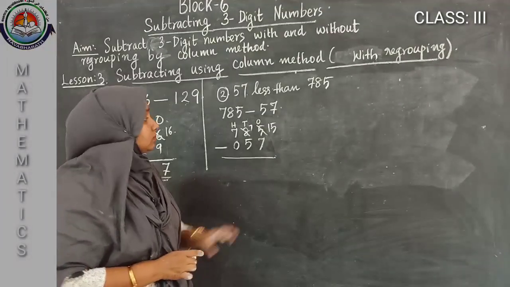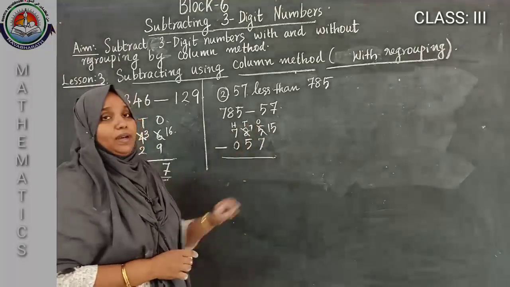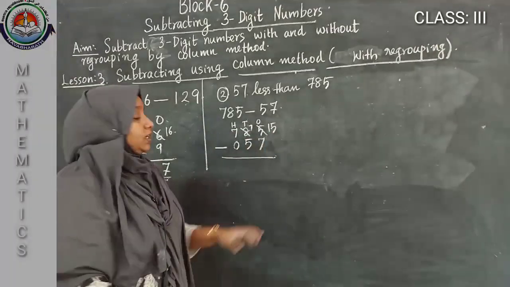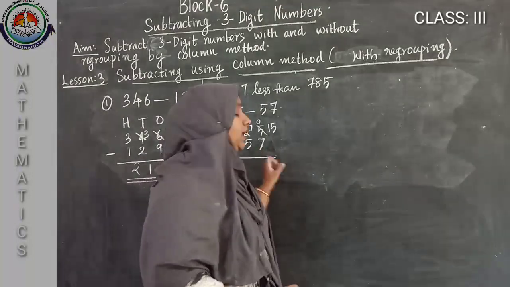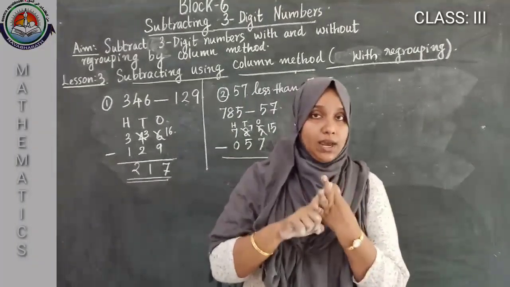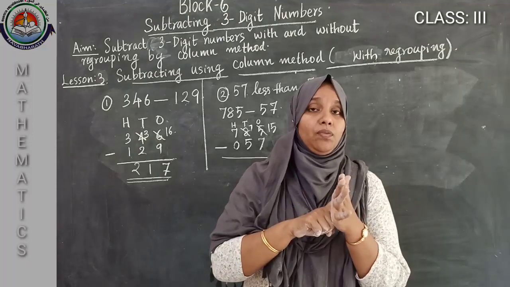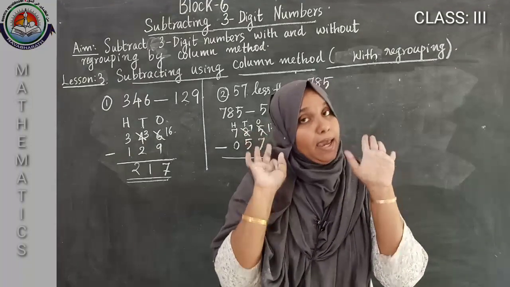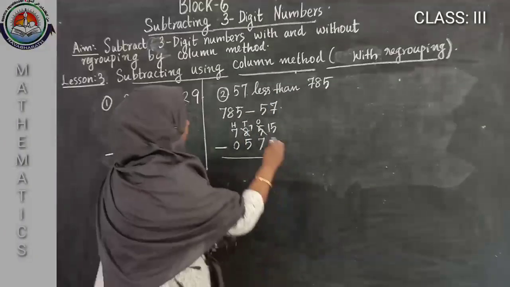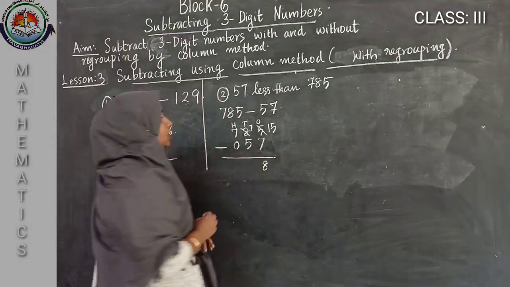Right. Then how can we find out 15 minus 7? Keep the smaller number in your mind. After 7, 8, 9, 10, 11, 12, 13, 14, 15. What's that number? 8. So we have 8.